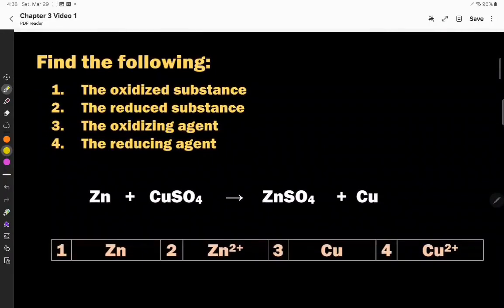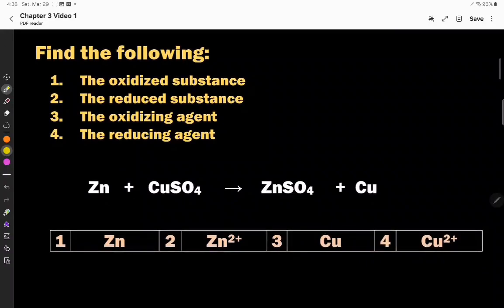Now the questions. It gives you a question and asks you to find the following in any equation like this: the oxidized substance, the reduced substance, the oxidizing agent, or the reducing agent. If you look at this equation, zinc is 0, and after the arrow zinc is 2 positive.